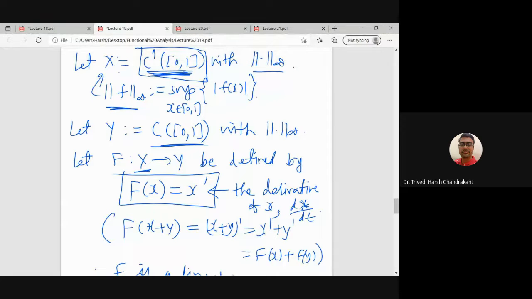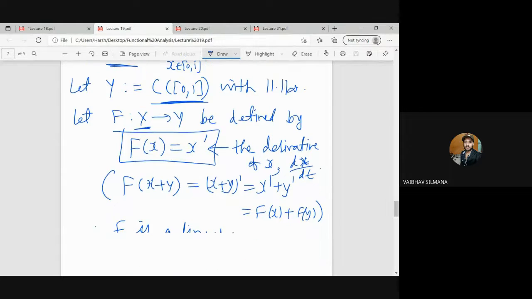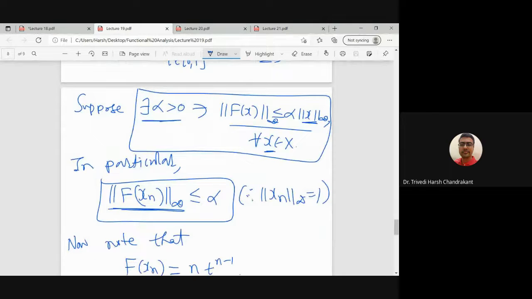So what will be the kernel of capital F? Kernel means basically we need to find all x such that its derivative is 0. Constant function. Constant. Right. So that is the kernel. Let us write down that.